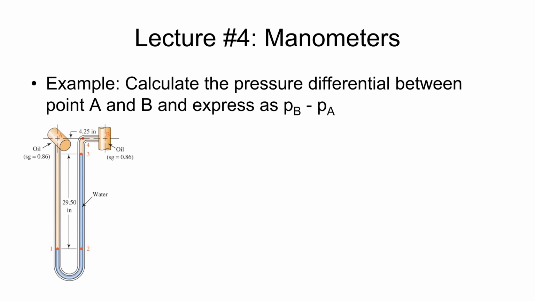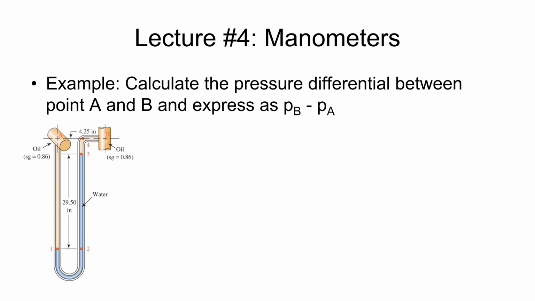So in this one, we want to set up our equation to calculate the pressure differential between 2 points, point A and point B, and we want to get our final answer expressed in terms of PB minus PA.